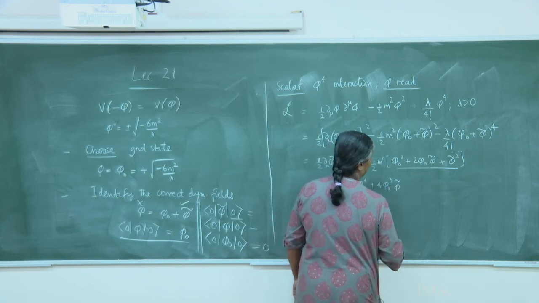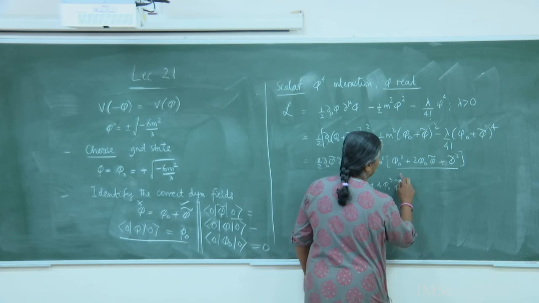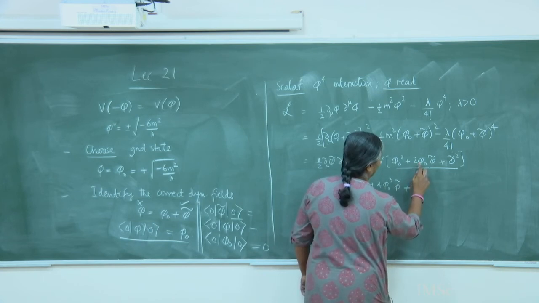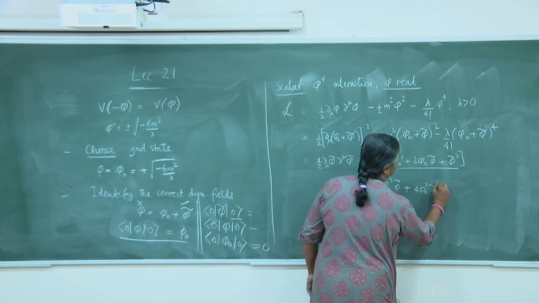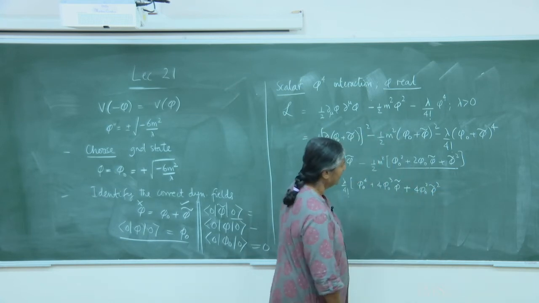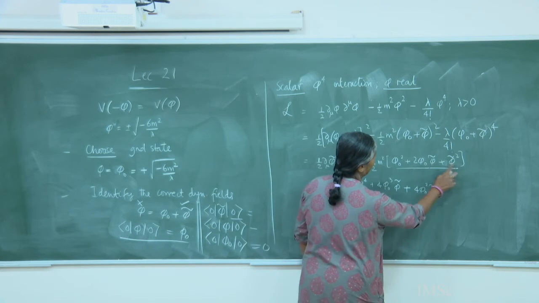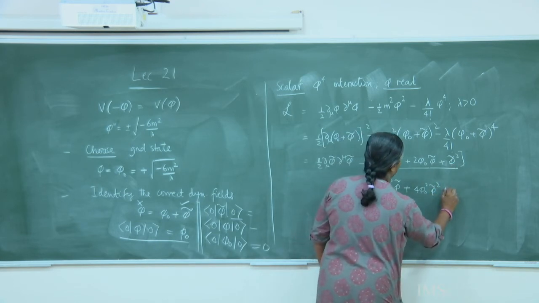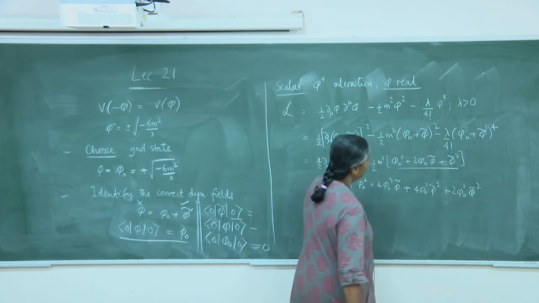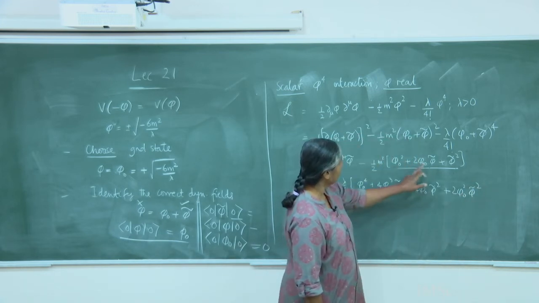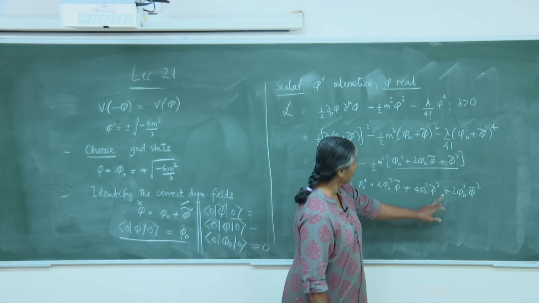So it will be a linear term in phi tilde. Then when I square this, I will get 4 phi naught squared phi tilde squared. So I will get a phi tilde squared term. Then the cross term of these two will also give you phi tilde squared. So let me write that down: 2 phi naught squared phi tilde squared. So I have got the square of this, the cross term of these two, the cross term of these two, the square of this.